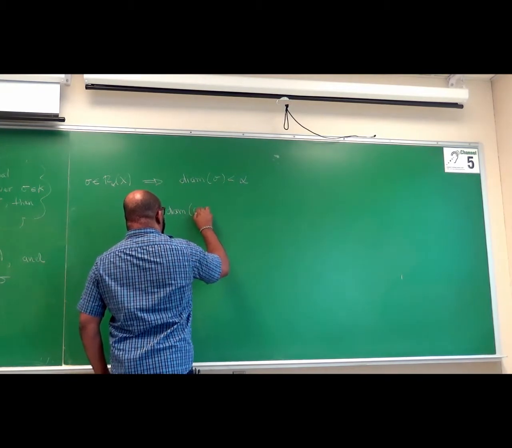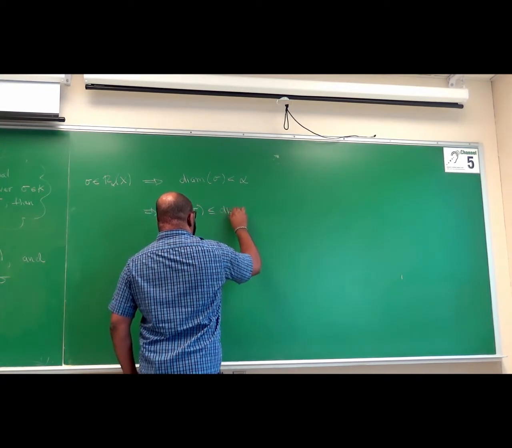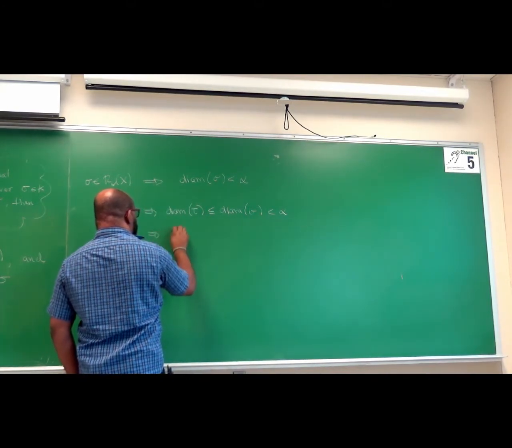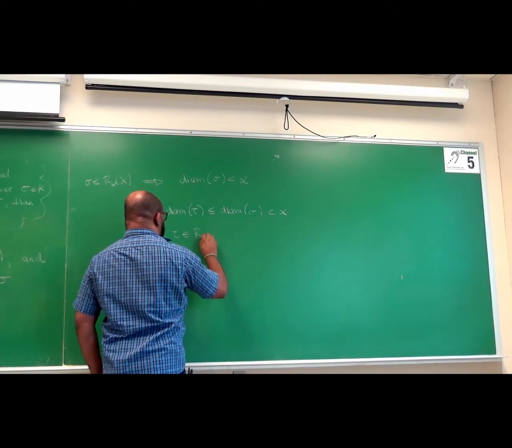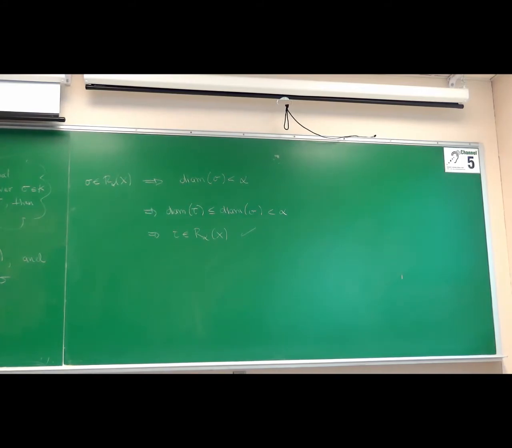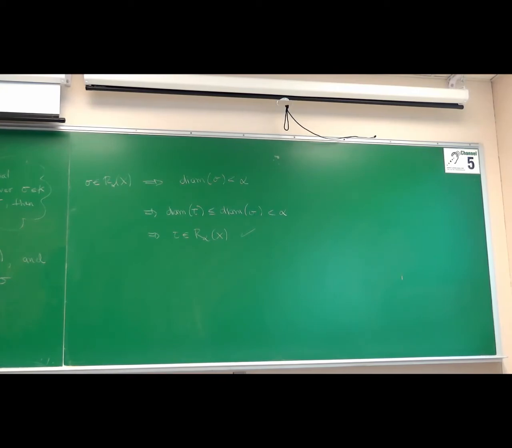So the diameter of tau is less than or equal to the diameter of sigma, which is less than alpha, and this implies that tau is in the Rips complex, which is thus a simplicial complex. Now, do we also need to say tau is a subset of x? Yes, we would need to say that, but tau is a subset of sigma, and sigma is a subset of x, so we're good. Okay.